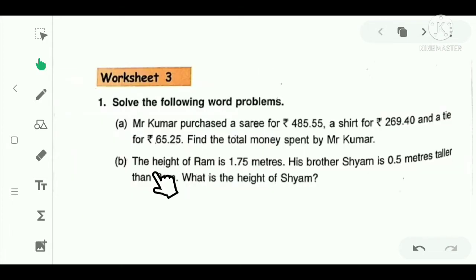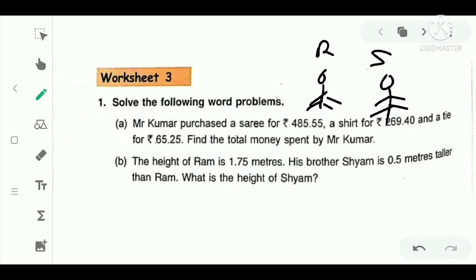Next question is, the height of Ram is 1.75 meter. His brother Shyam is 0.5 meter taller than Ram. What is the height of Shyam? Okay students, so let's assume this is Ram, and this is Shyam.